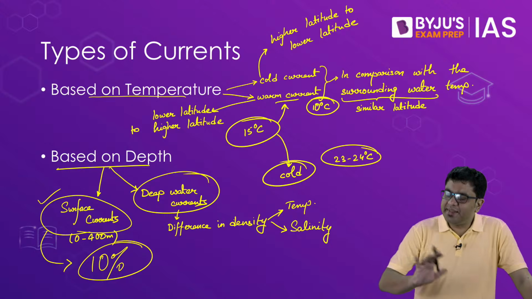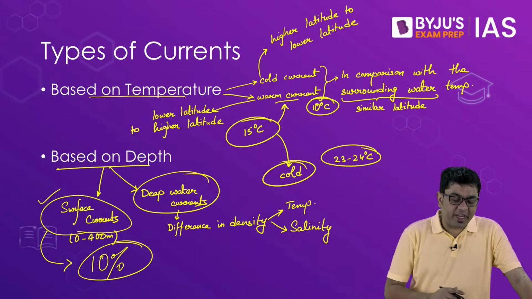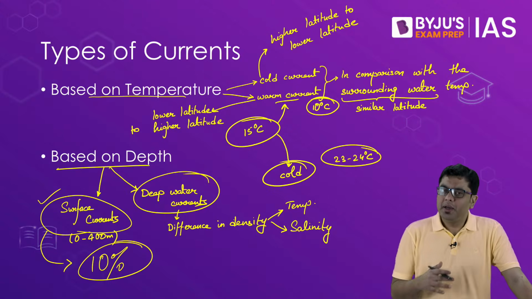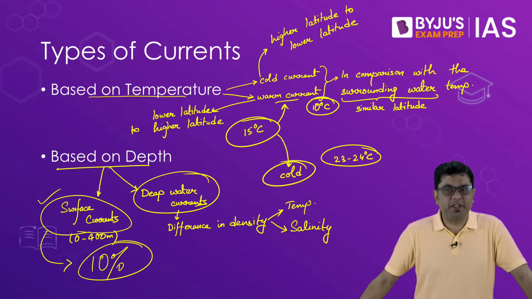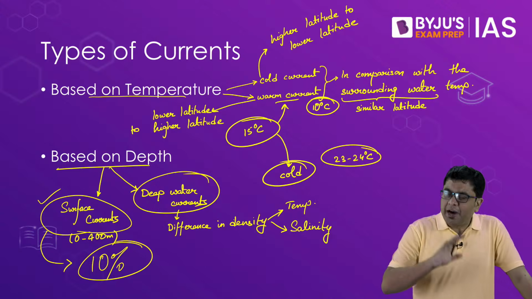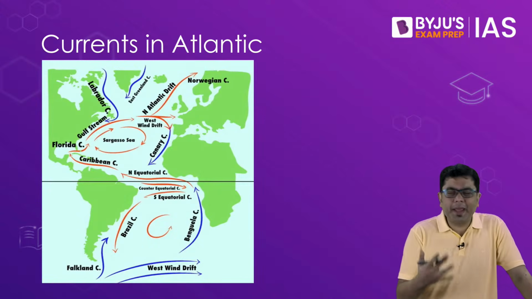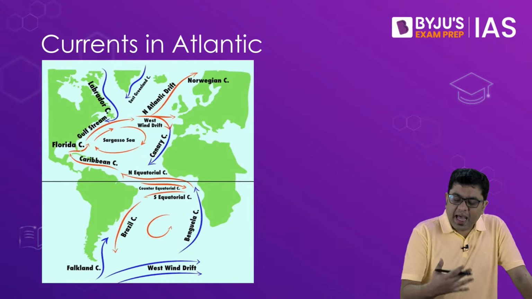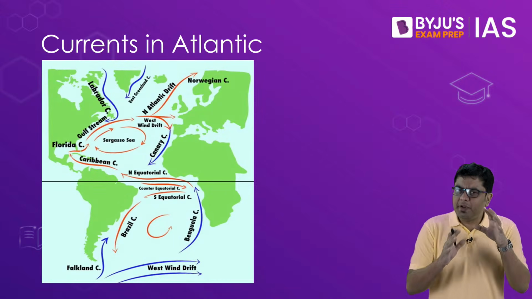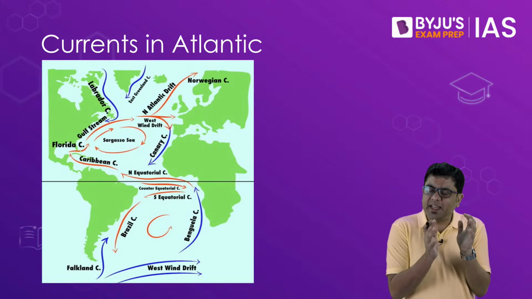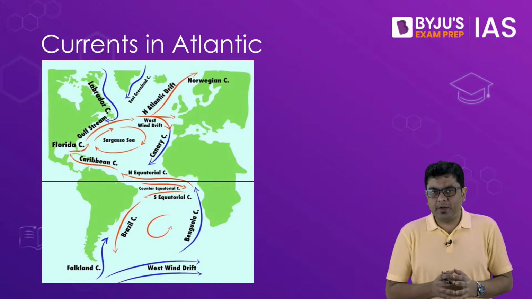Now, this is a kind of classification, a subdivision of the ocean currents based upon various different parameters. Now, after knowing this, if you take a quick look at the ocean currents in various different oceans, you will understand that there is a pattern associated with it.